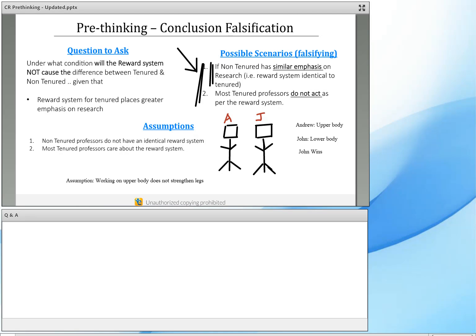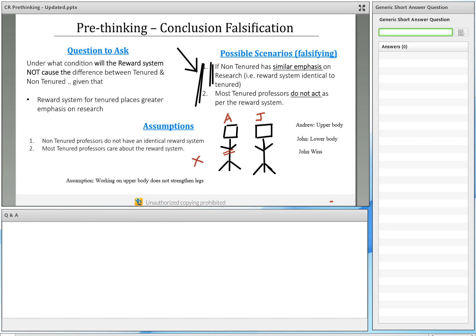Now let's say working on upper body, here is my upper body, does strengthen legs to a degree X. But is that degree X the same degree that you would strengthen your legs if you work on legs directly? Is that degree X the same degree that you would strengthen if you worked on just legs?